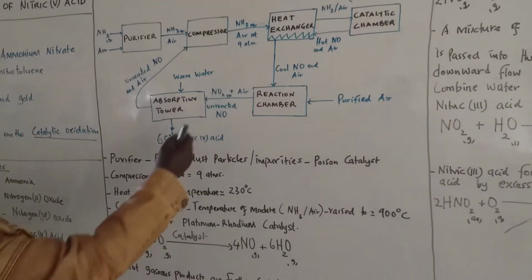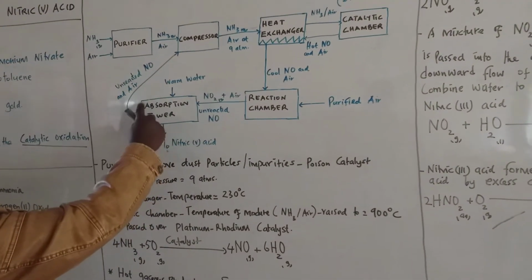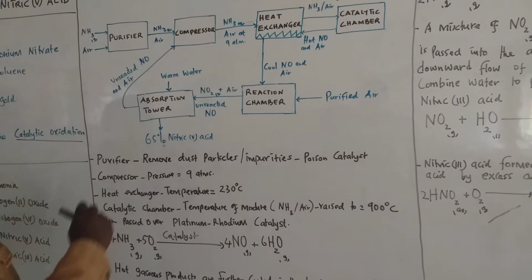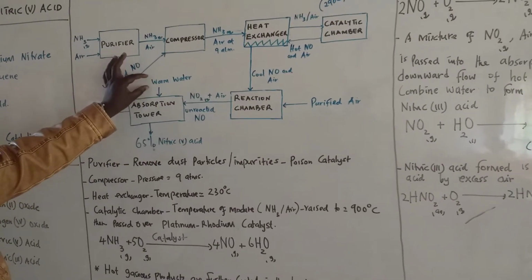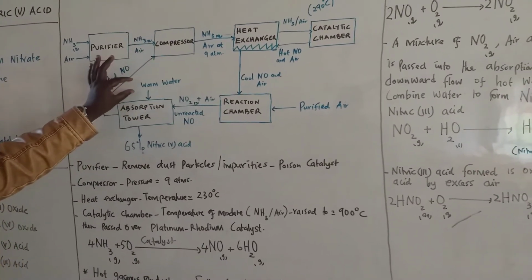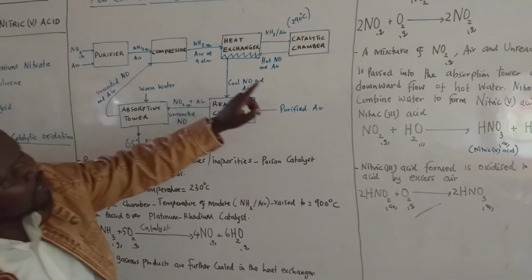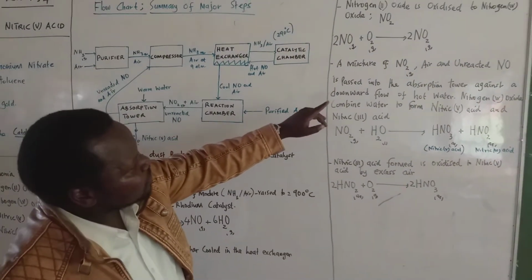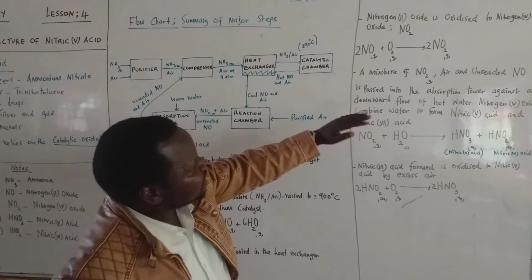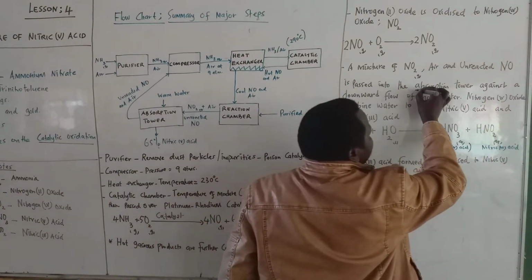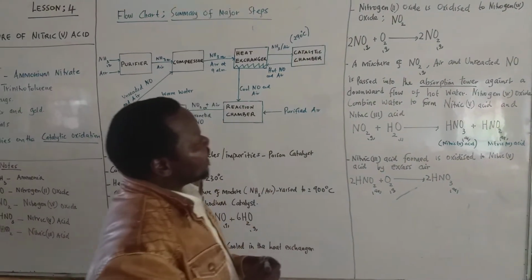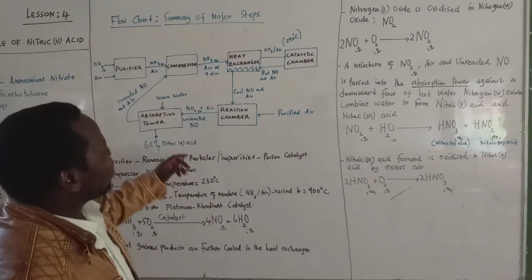Now, this mixture enters the absorption tower, where it comes in contact with warm water. So the mixture of nitrogen 4 oxide, air, and the unreacted nitrogen 2 oxide is passed into the absorption tower, very important, absorption tower, against a downward flow of hot water.